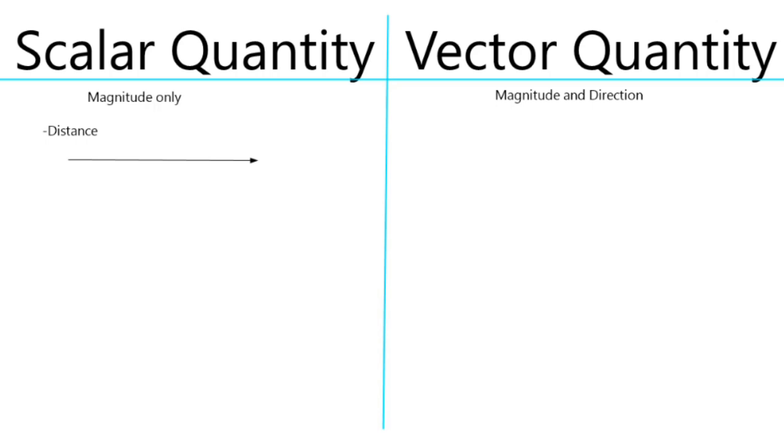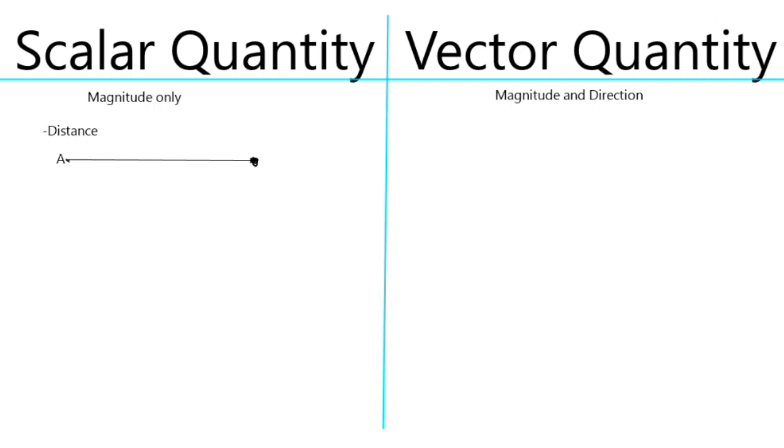Maybe a line. Let's say this is point A, and this is point B. It should not be an arrow because it will go to infinity.